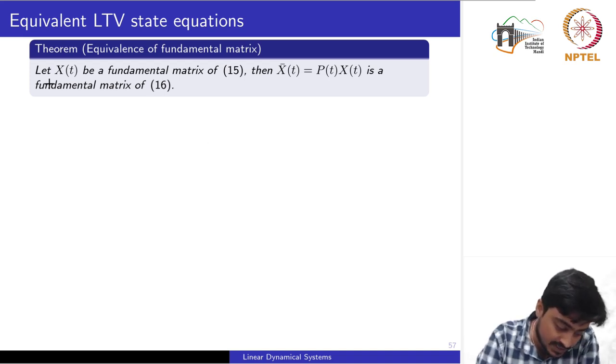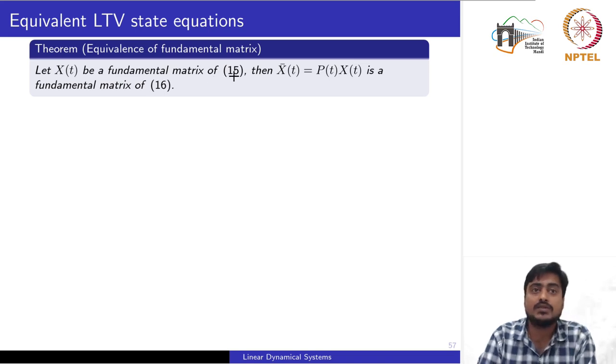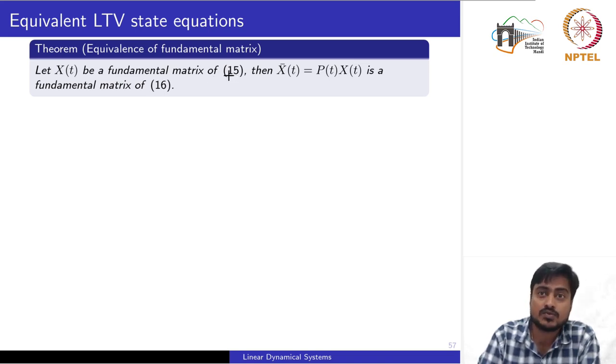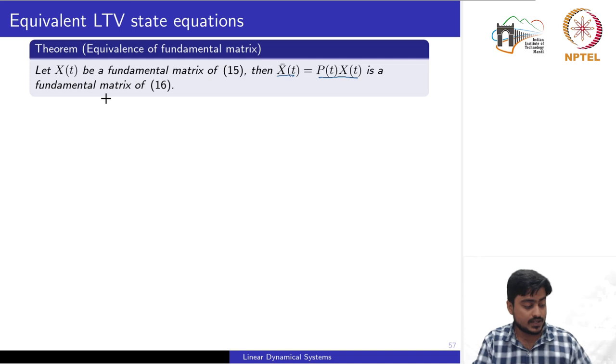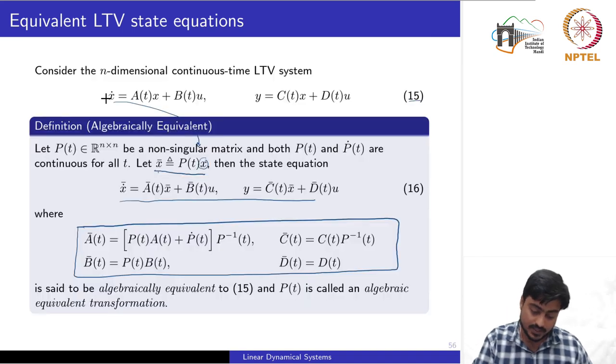So we have the next result: let X(t) be a fundamental matrix of 15, the original state space without the bars. Then X bar, defined by the multiplication of the transformation matrix with the fundamental matrix of the original state space representation, would be a fundamental matrix of the transformed system, basically this part 16.